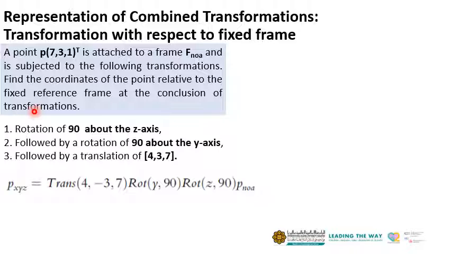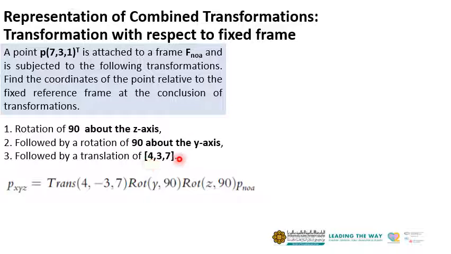In the previous examples we have done only one transformation, either rotating with respect to one axis or being translated. Now what we are doing here is first rotating with respect to the z-axis, followed by a rotation with respect to the y-axis, and then followed by a translation with respect to the original frame of reference.